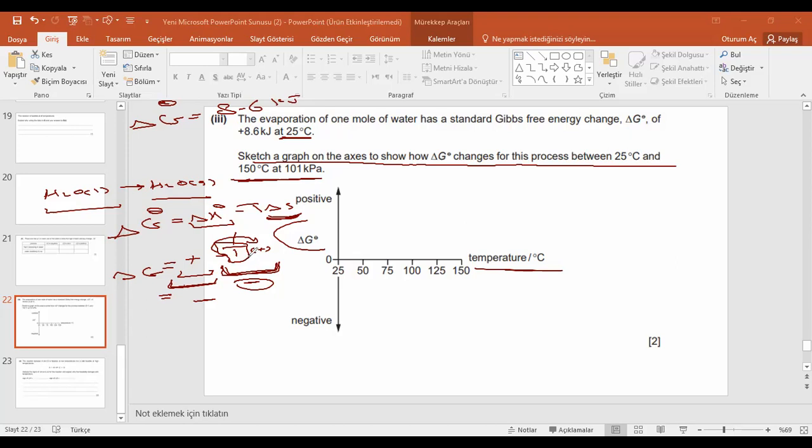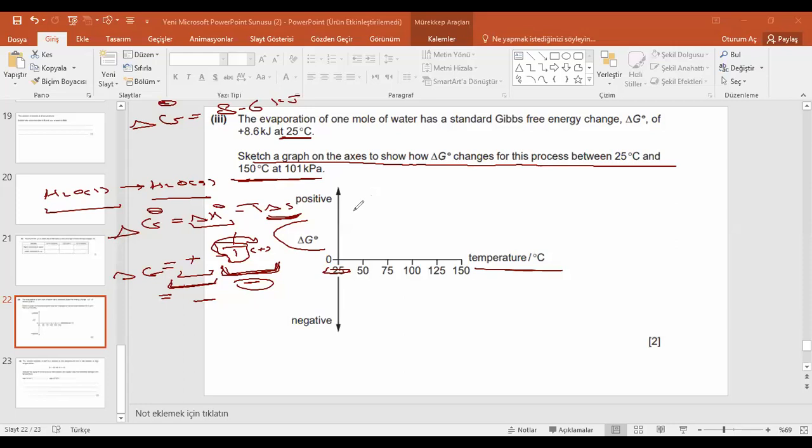So according to this graph, at a temperature of 25, which is here, let's say delta G was 8.6. So let's suppose that 8.6 is here.